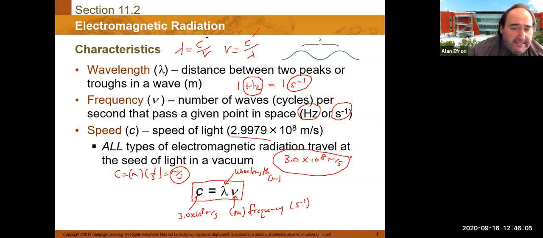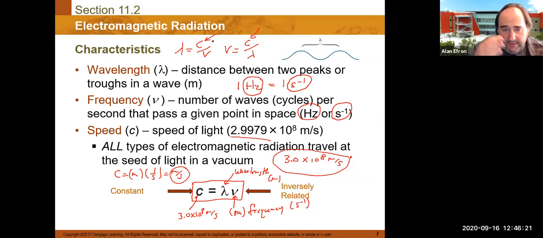Again, C is a constant, that 3 times 10 to the 8 meters per second, and you always have that number. The wavelength and frequency are inversely related to each other, as you can see there. So as one goes up, one goes down, sort of that relationship there, inversely related to each other between wavelength and frequency.